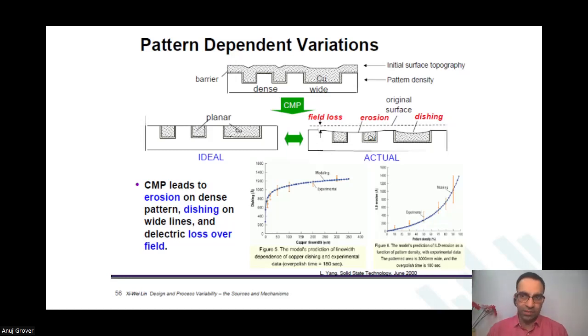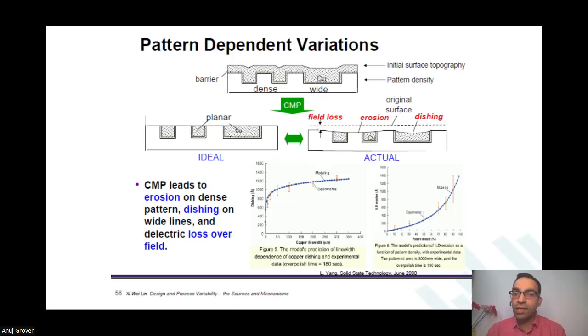We add some pillars of SiO2 in between so that the dishing doesn't happen. We make some slots inside wide wires, so those slots act as pillars and dishing doesn't happen.